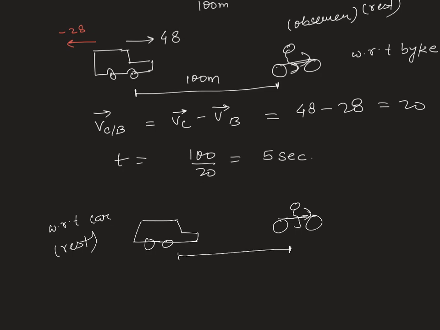Now this velocity of bike with respect to car can be written as velocity of bike minus velocity of car. So what is the velocity of bike? Now you must understand here that the car is the reference, and that is why we have put car as the second term.